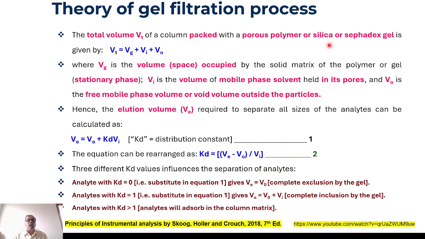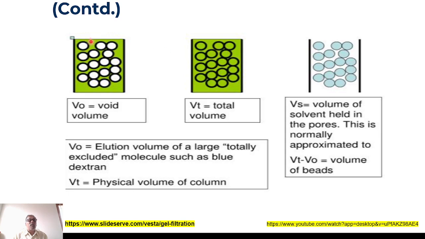Now, what is VO? VO is the void volume, that means the volume of the mobile phase which is present between the gel beads. Here you can see this is one gel, another gel, the third gel, the fourth gel. Between the gels, in the interstitial spaces, this volume is occupied by the mobile phase.